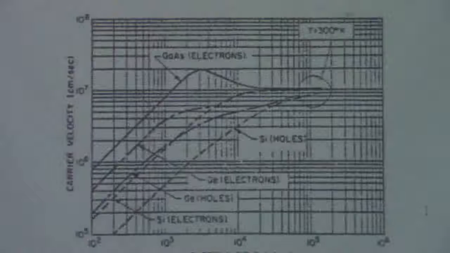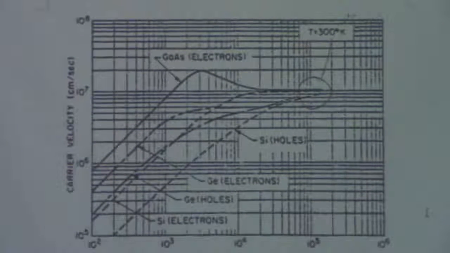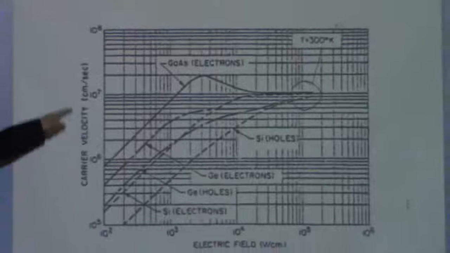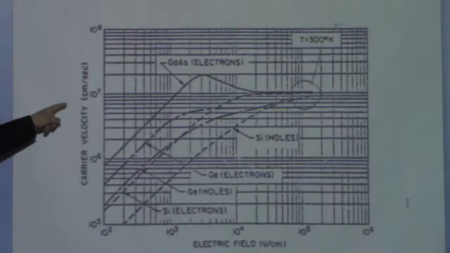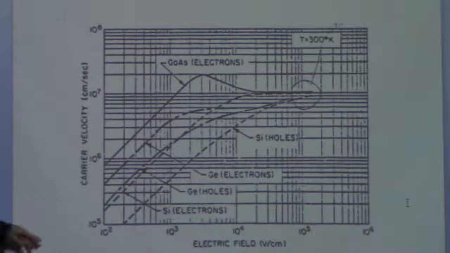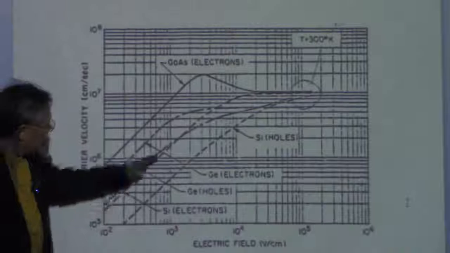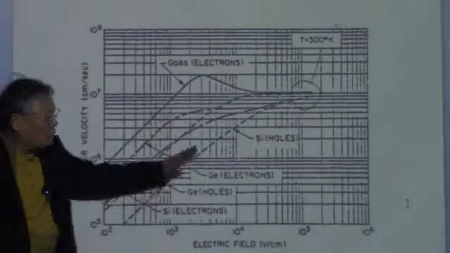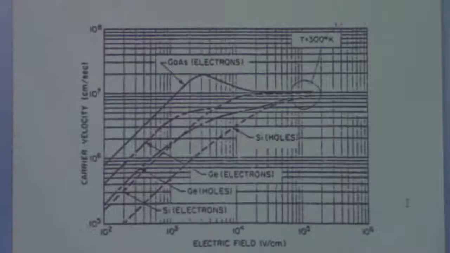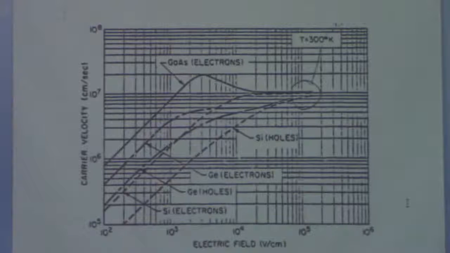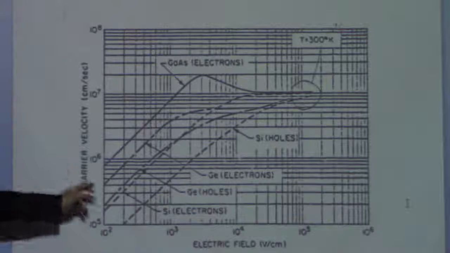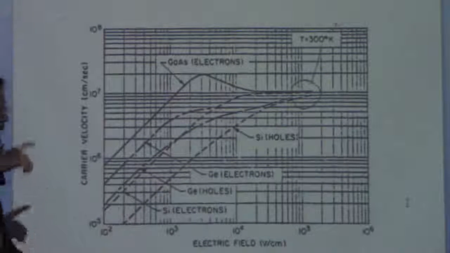This is the interesting figure. This is the carrier velocity, the mobility times electric field, and this is the electric field. So the slope here corresponds to the mobility. Okay? The velocity is electric field times mobility.